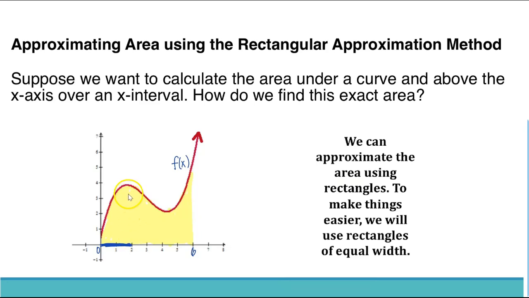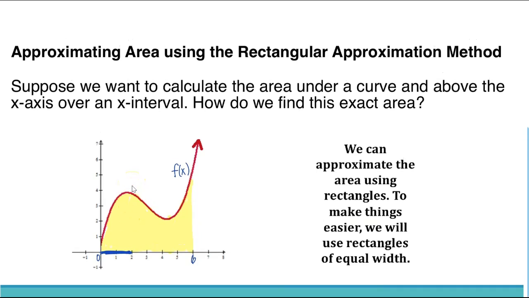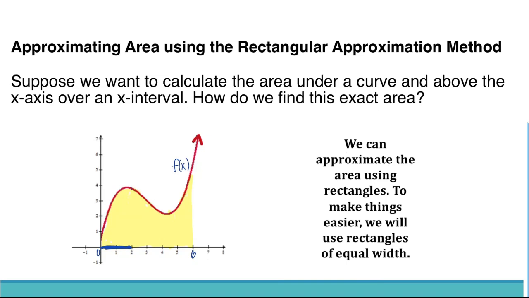So right at the x value 2, I'm going to go up, I'm going to find the function up there, and that's going to define the height of this rectangle on the interval from 0 to 2. So there's one rectangle. This first rectangle is a little bit of an over approximation because I would be collecting this extra area that I don't actually want.